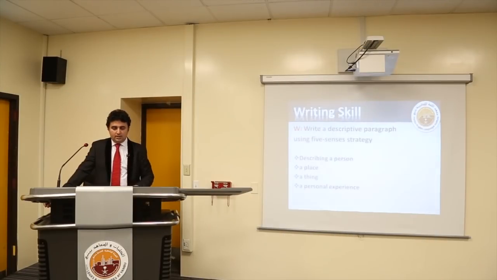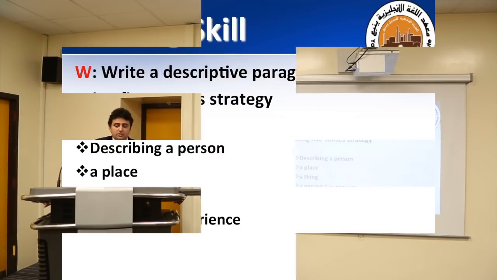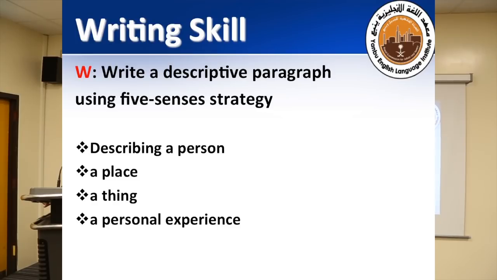Our next learning objective, which I'm going to summarize, is writing skill. In writing, you write a descriptive paragraph using the 5 senses strategy. Descriptive paragraphs can be divided into different types.